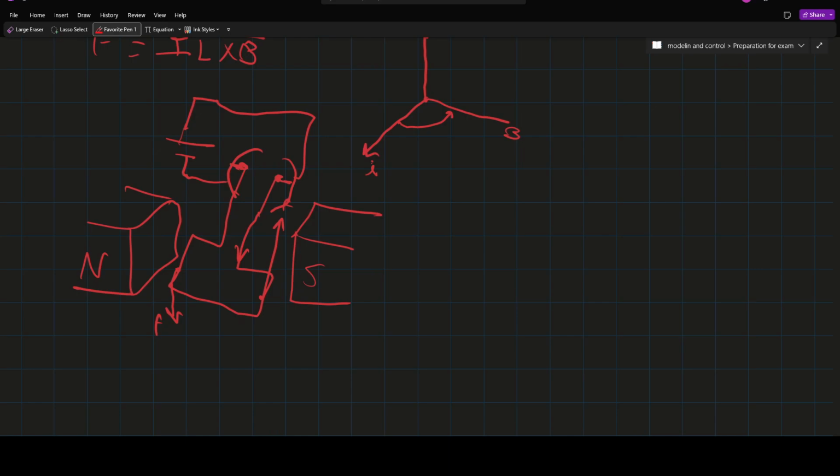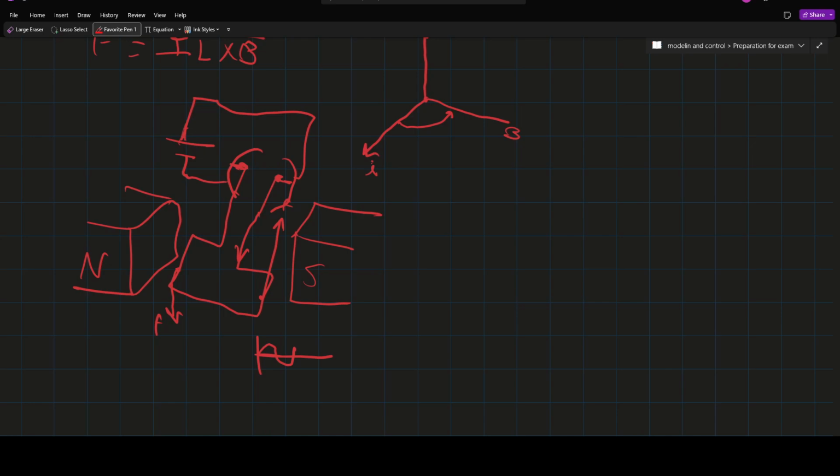So from this, what I want you to get is that the rotor experiences an AC current. Even though we have a DC source, the coil in the rotor always experiences an AC current. And this is important to keep in mind, because when we do the control and everything, this is gonna play a part in why the formulas look how they look.